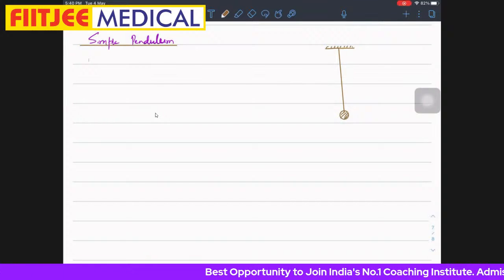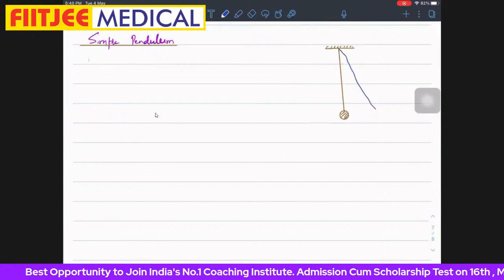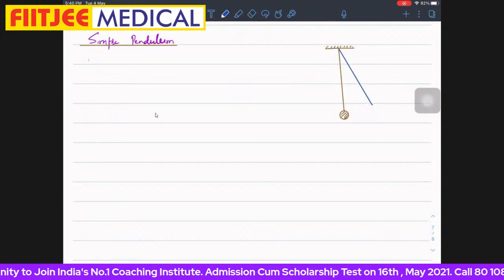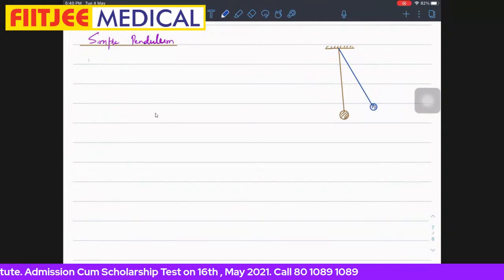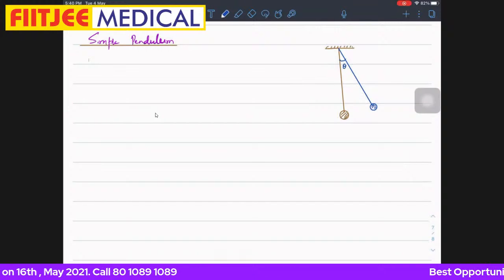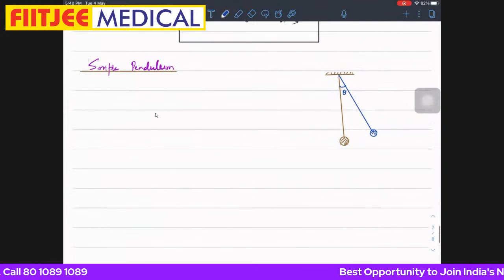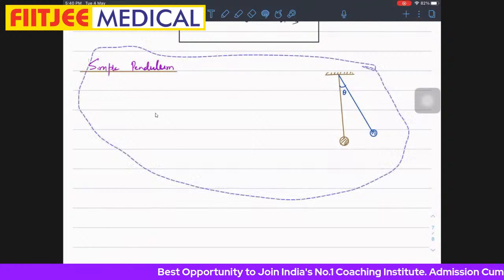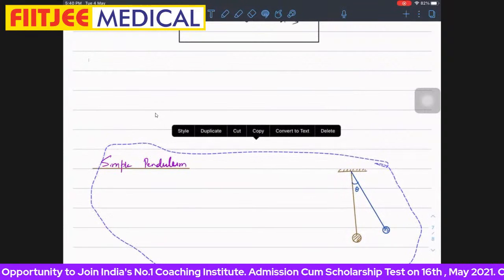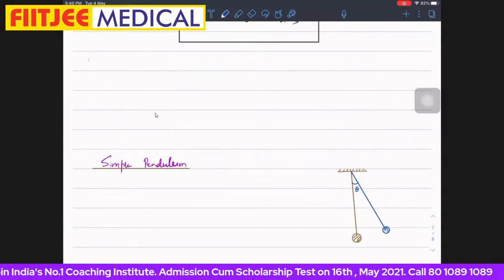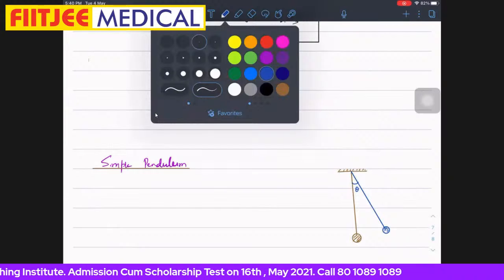Light string means the mass of the string should be negligible. If I displace it from that position to this position, then this angle will be theta. With this simple pendulum, I can explain the same equation with linear SHM, and we can understand the same concept with angular SHM. We'll try to understand this concept with both.